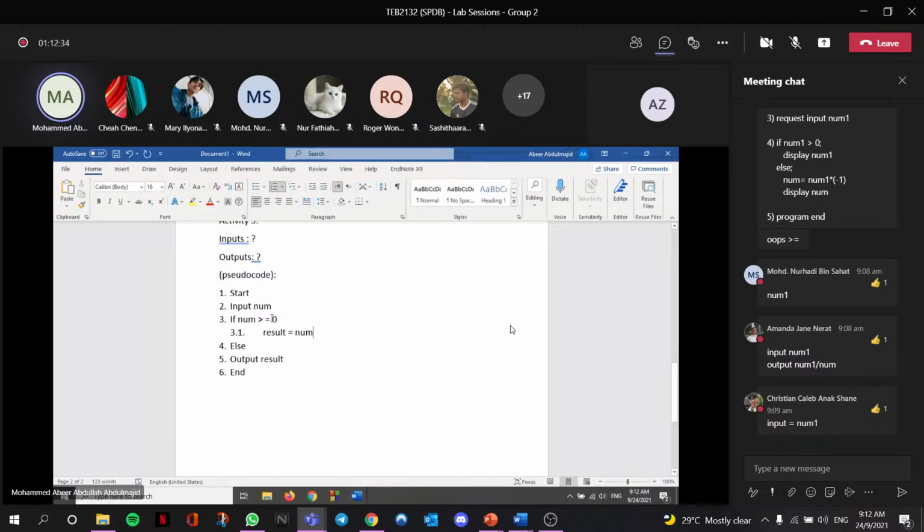So let me first explain. If you want to check for positivity, if you write if num greater than 0, then the result equals num, else calculate result equals num times -1. In this case, and only in this case and similar cases, if you don't write equal, it will be okay.